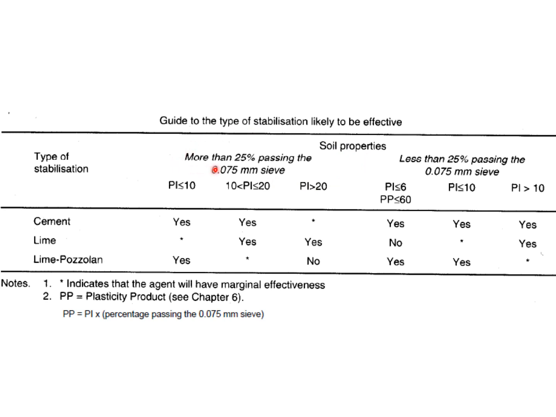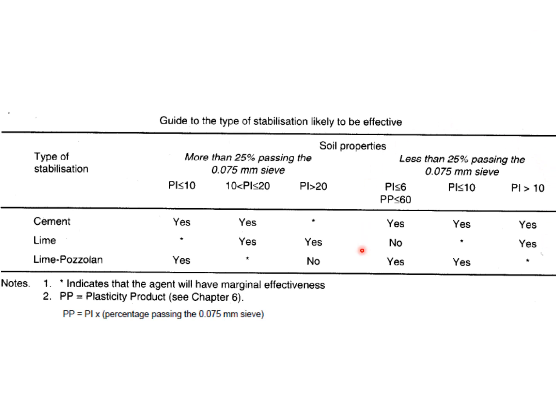First is more than 25% passing the sieve number 200, and the second is less than 25% passing sieve number 200. So accordingly, if more than 25% passing is there, then you will have to consider this particular part of the table, and if you are having less than 25% passing through sieve number 200, then this particular portion will be considered.